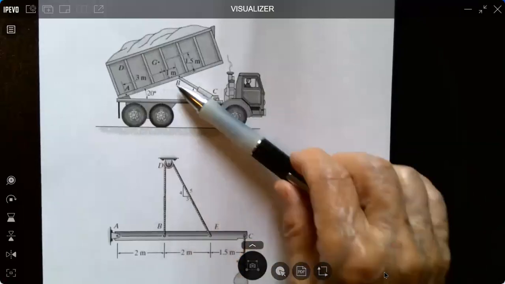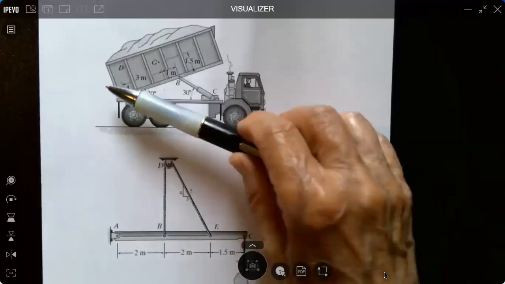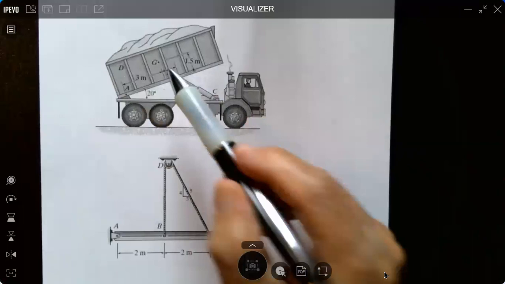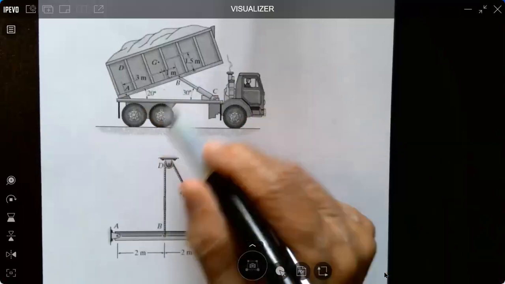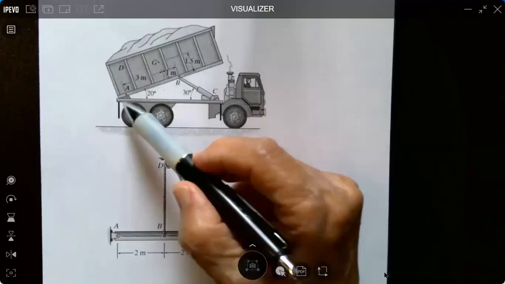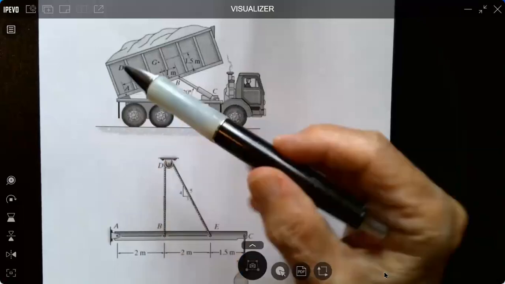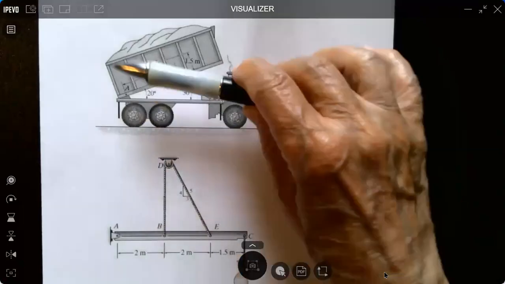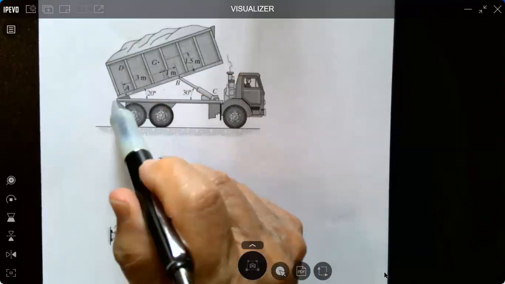This hydraulic lift controls the position of the bed. We've got wheels, obviously, when we're looking at it. This connection here is a pin connection. This bed needs to be free to roll up and down along this axis here. So we're going to consider this a pin connection.